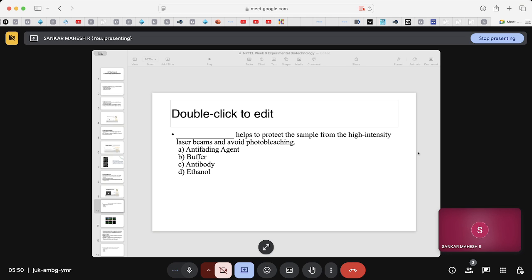Okay, so before we go to this question's answer, does anyone here know what photo bleaching is? Okay, so let's say you have a fluorophore and you're exposing it to light.